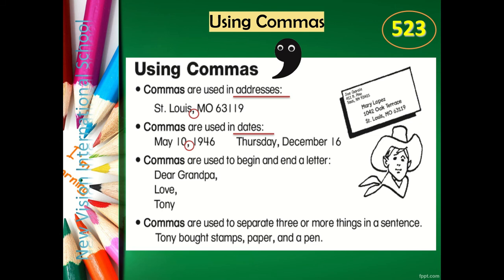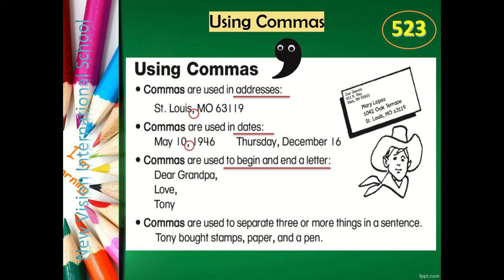Or we can also write the date in this way. Thursday, comma, next the month of December 16. So remember how you're going to use commas in dates. Next, commas are used to begin and end a letter.